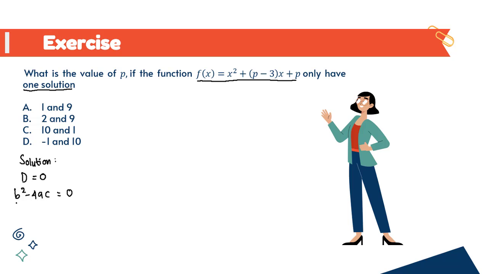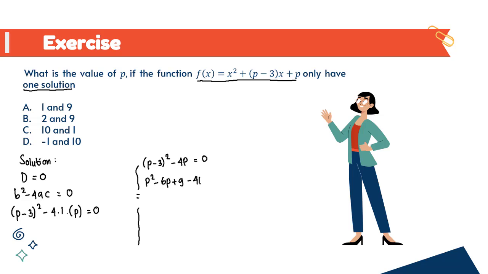So the discriminant b squared minus 4ac is equal to 0. You can do a substitution using the function, and you can expand this quadratic. You can use the distributive law to expand this factor. And we'll get p squared minus 10p plus 9 is equal to 0.